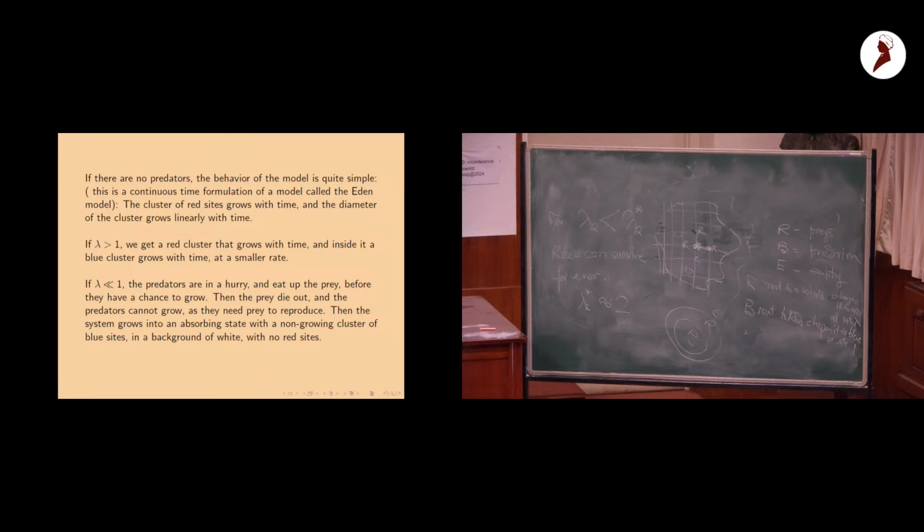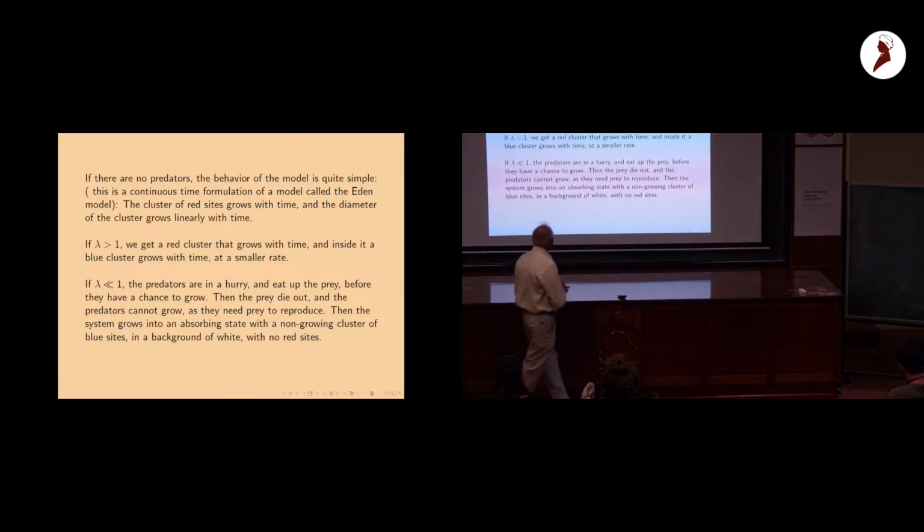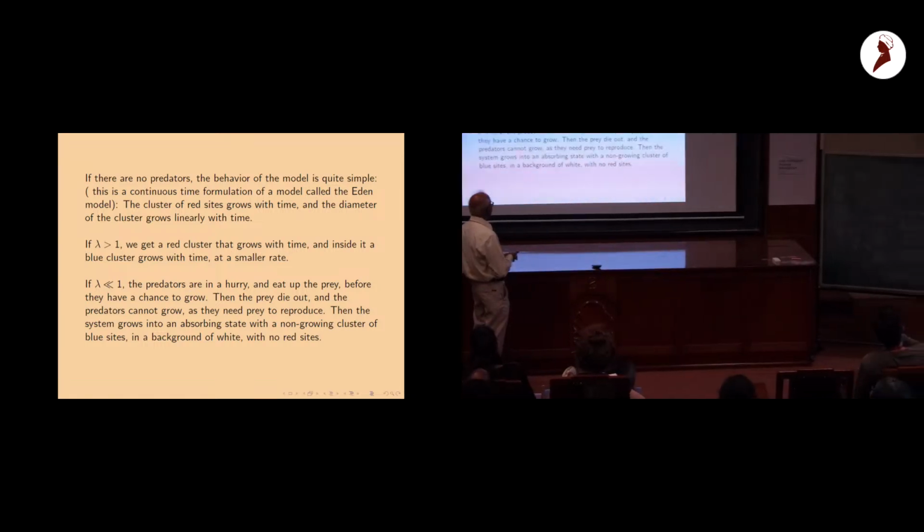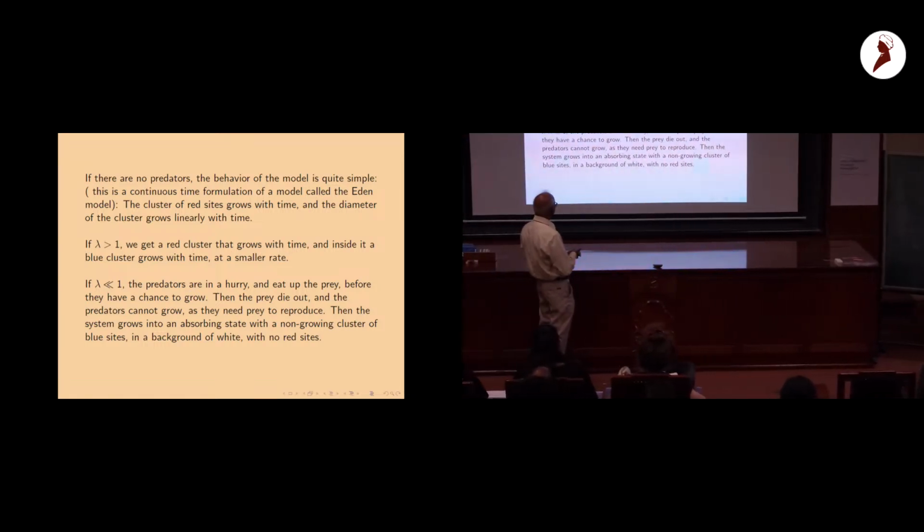Okay? So if lambda is much bigger than 1, the red cluster grows with time, and inside it a blue cluster grows at a smaller rate. If lambda is much less than 1, the predators are in a hurry and eat up the prey before they have a chance to grow. Then the prey die out, and the predators cannot grow as they need prey to reproduce. Then the system goes into an absorbing state with a non-growing cluster of blue sites in a background of white with no red.